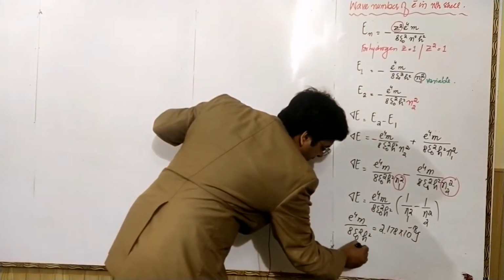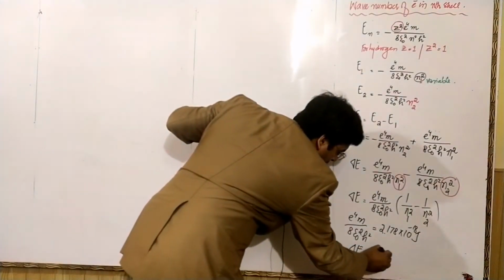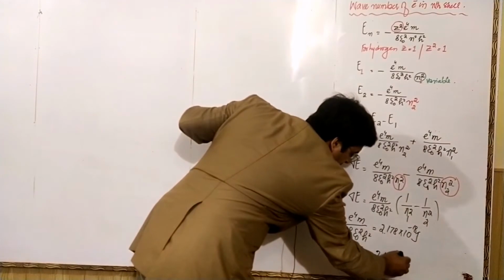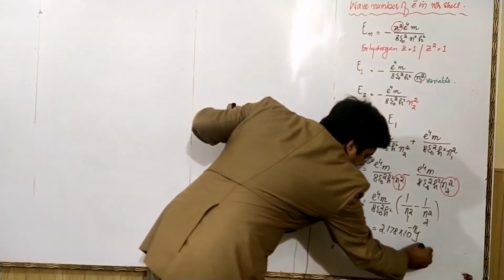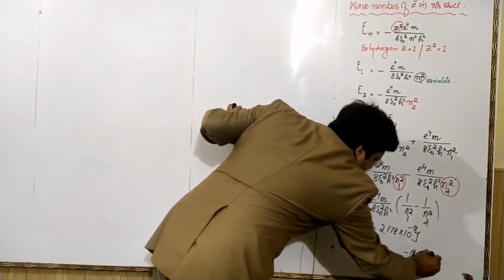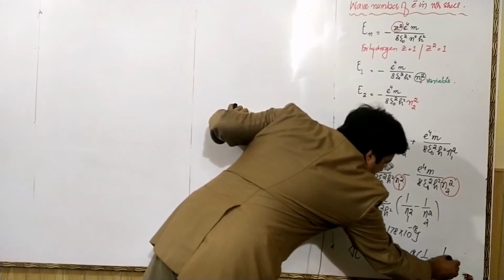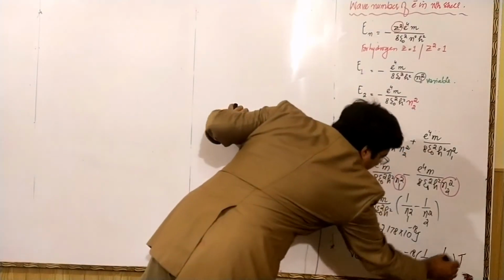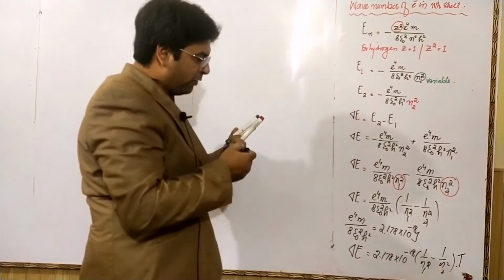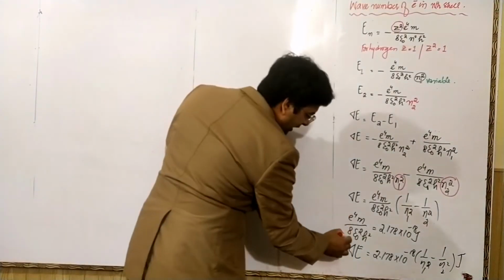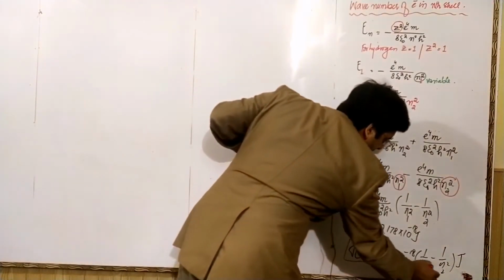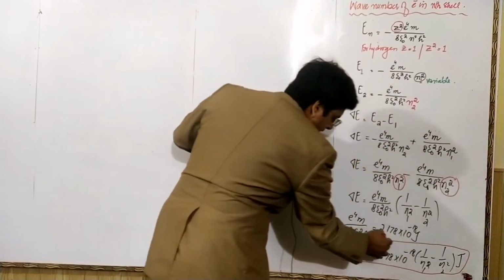Delta E will be equal to 2.178 into 10 to the power minus 18 into 1 over n1 square minus 1 over n2 square, in joule. From this formula, we can calculate the energy difference between any two shells.